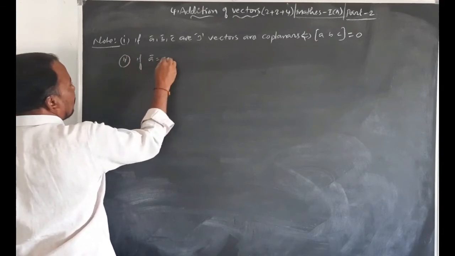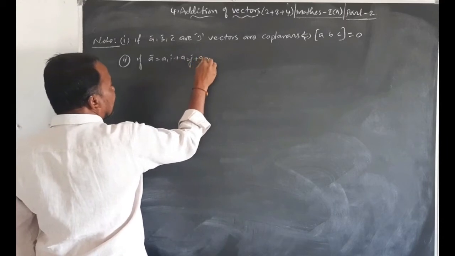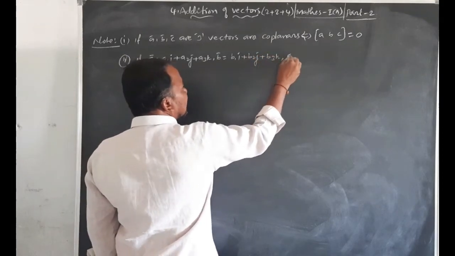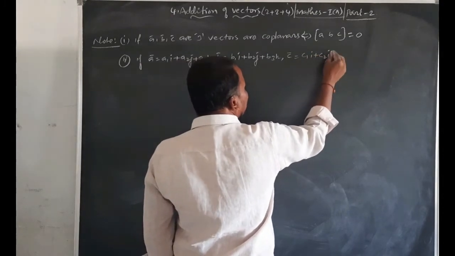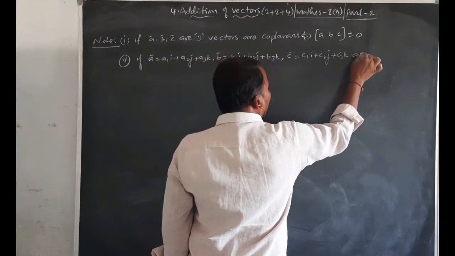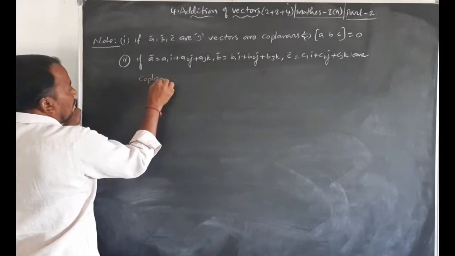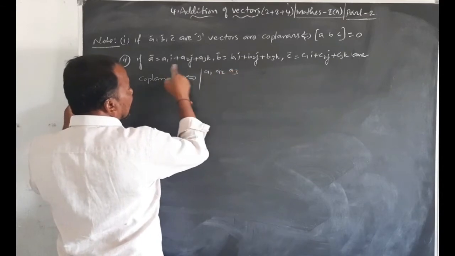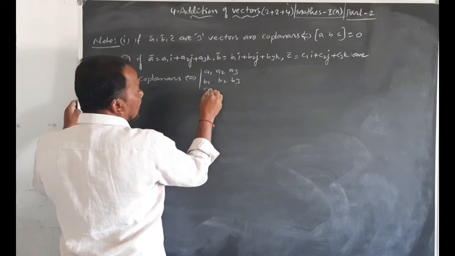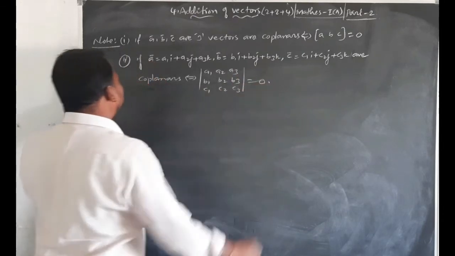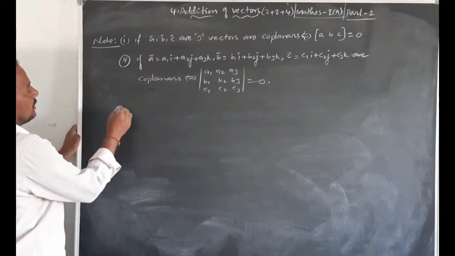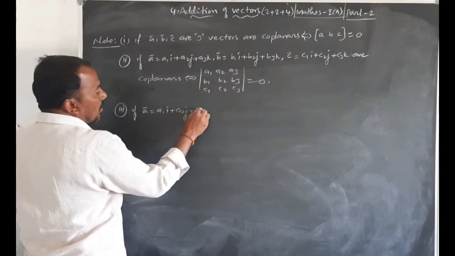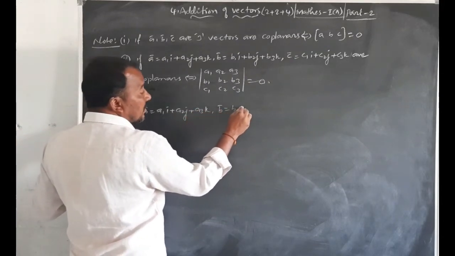If A bar equals A1 i plus A2 j plus A3 k, B equals B1 i plus B2 j plus B3 k, C equals C1 i plus C2 j plus C3 k, they are coplanar if and only if the determinant with first row A1, A2, A3, then B1, B2, B3, then C1, C2, C3 equals 0.